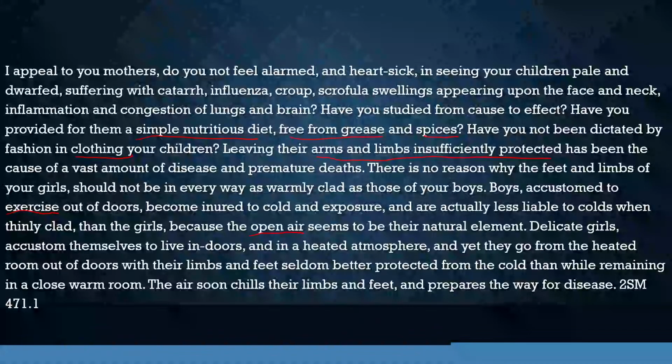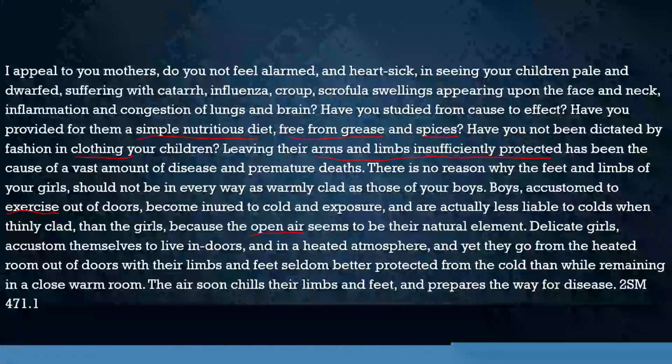An example is a simple but nutritious diet, free from grease and hot spices. A simple, nutritious diet free from grease and spices.